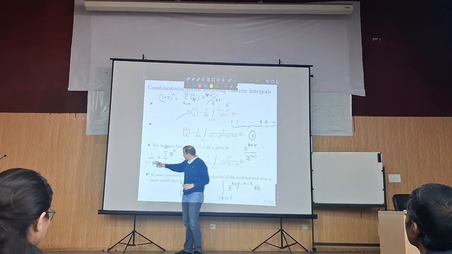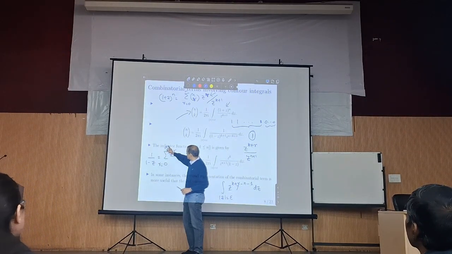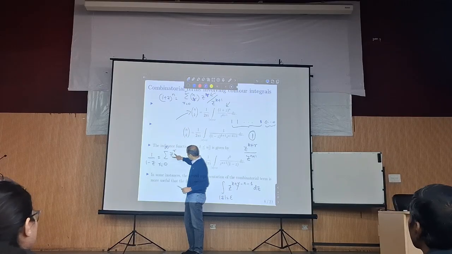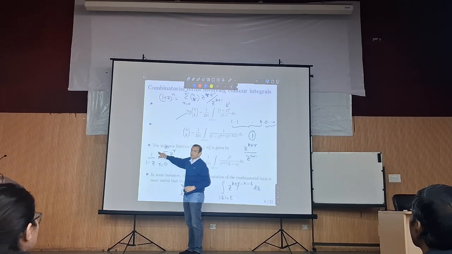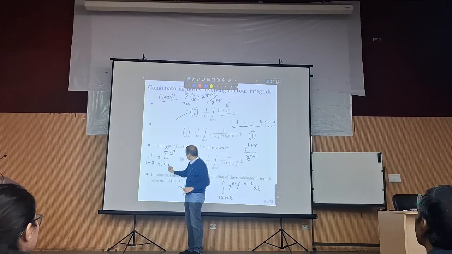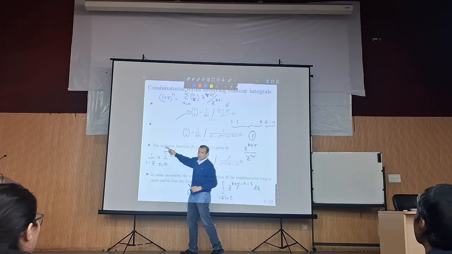Suppose I were to consider this from r equal to 0 to, let's say, n only. Then this is not equal to this. This will have 1 minus z to the n + 1 over here. But what I can do is put in an indicator function, and then treat the sum as from 0 to infinity.